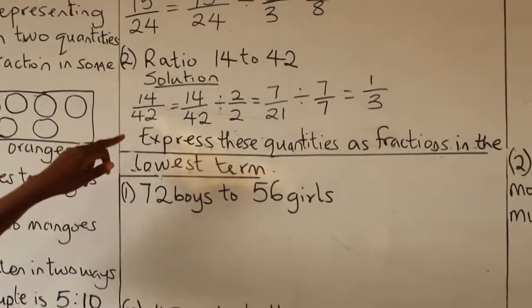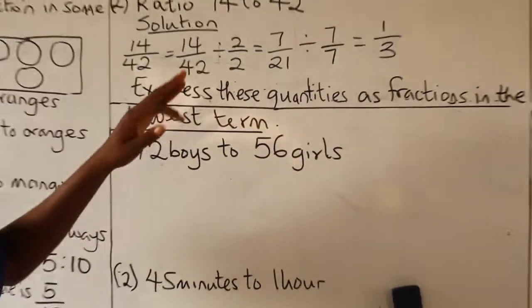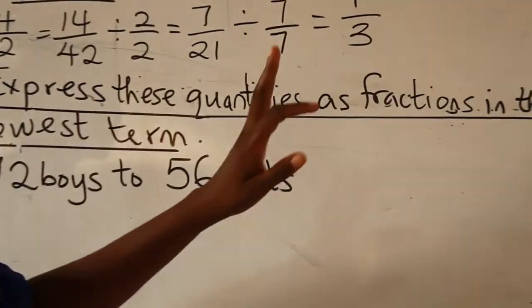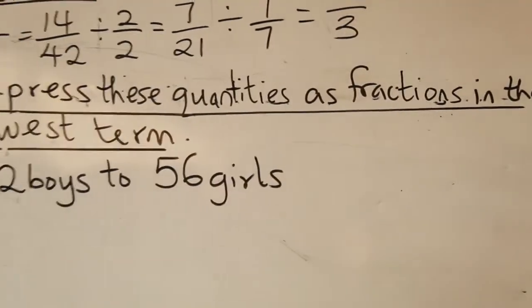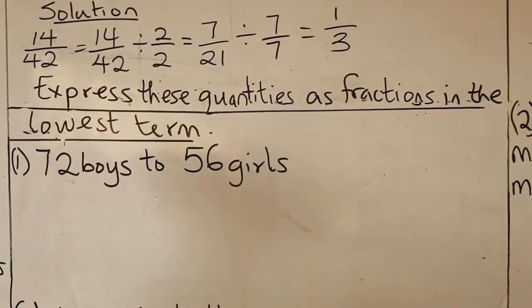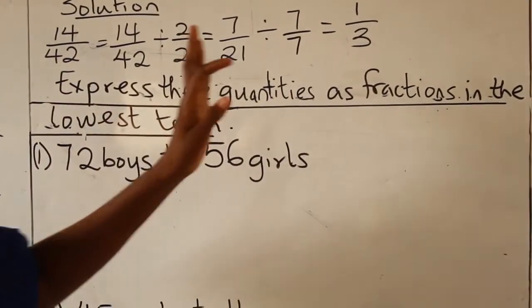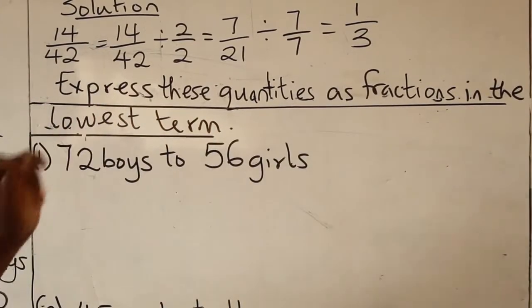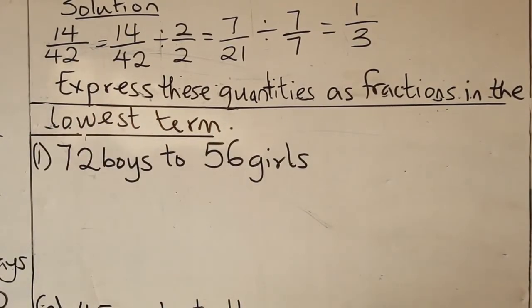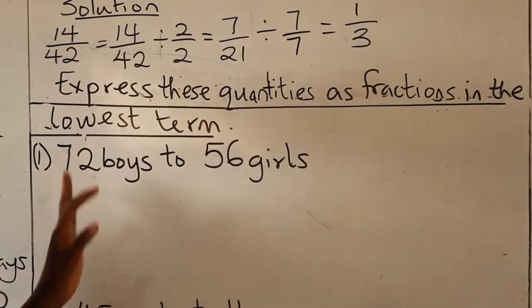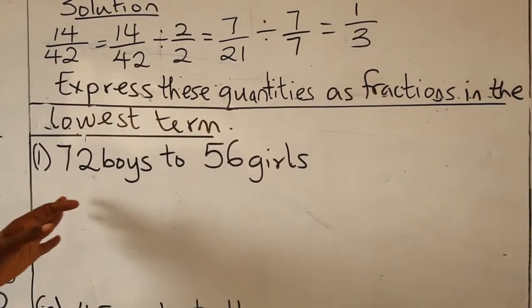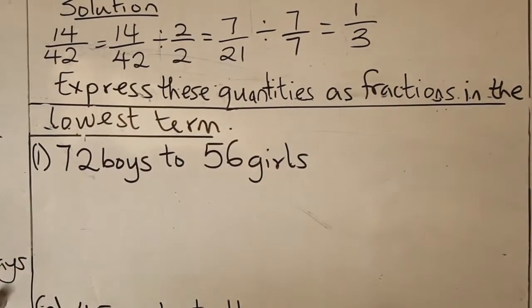Next, we go on to expressing these quantities as fractions in the lowest term. Number 1. 72 boys to 56 girls.